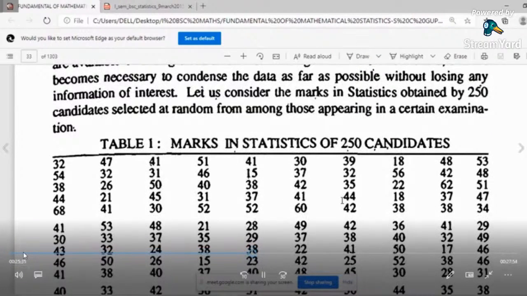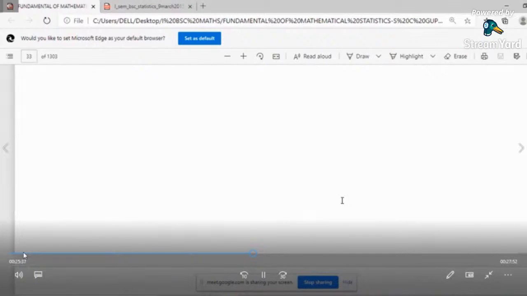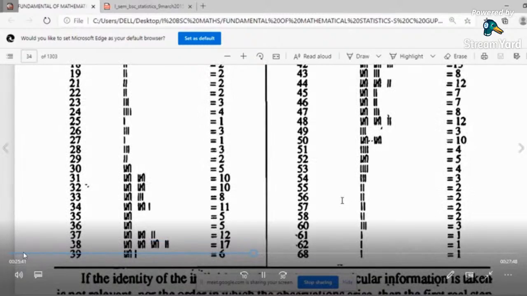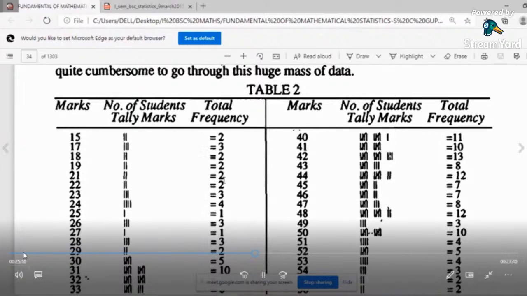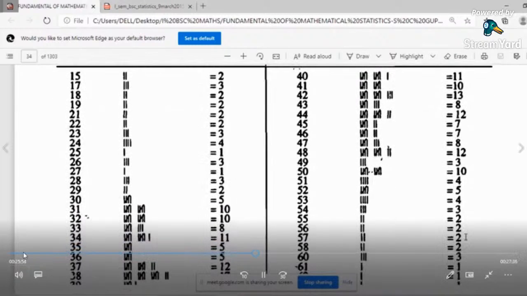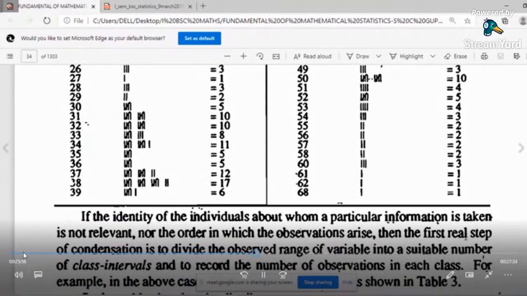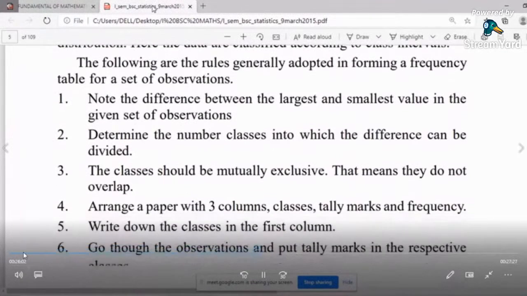We have prepared the frequency table, and observe that this sum will be 250. You can check that 2 plus 3 plus 2 plus 2 plus 2 plus 2 plus 3 plus 4 plus 1 plus 3 plus etc. The last frequency adds up to 250. You need to check that when you are writing. So that is the last, 8th point.